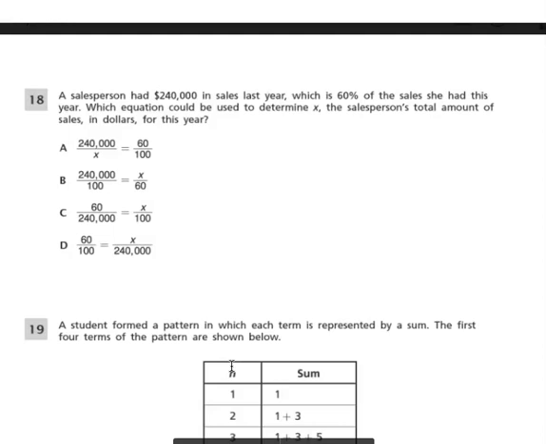So figure it out. 240,000 is the sales last year, and that is 60% of what he had this year. So which equation do you think we could use to find how much for this year?